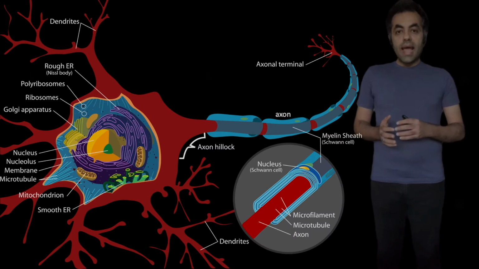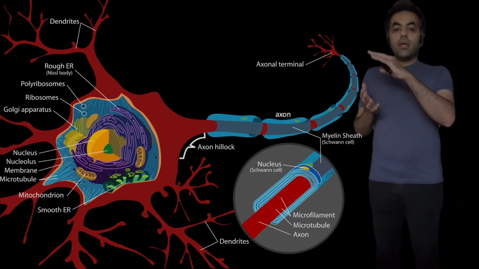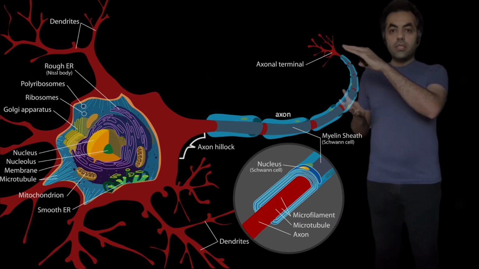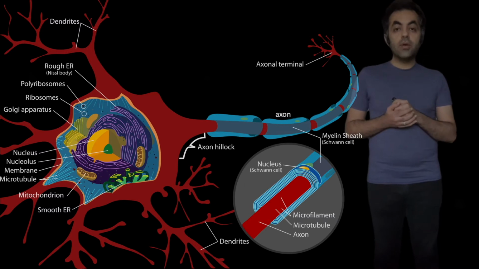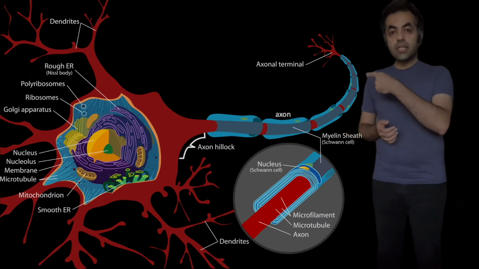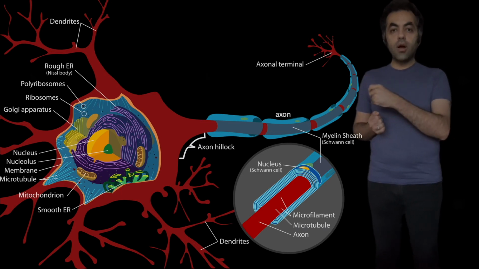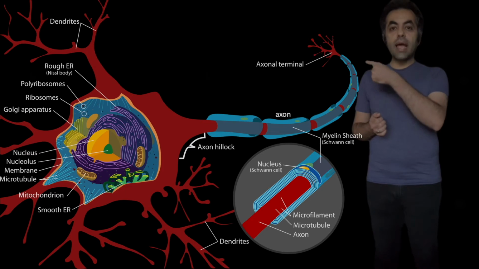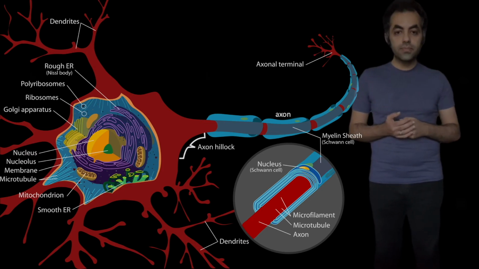The myelinated axons include these insulating layers. We said that they are formed by, for example, Schwann cells in the peripheral nervous system. The insulating layers that we see here are actually the membrane of the Schwann cell that is wrapped around the axon and forms the insulating layers.